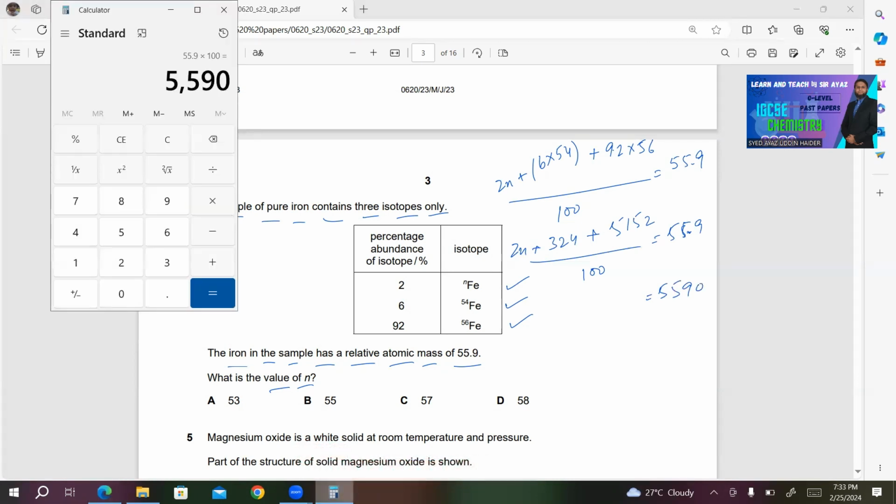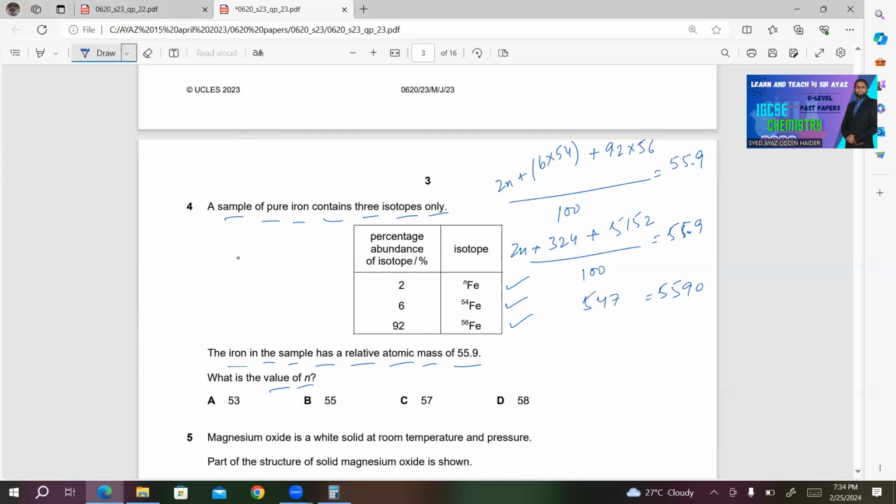Now if you add 324 to 5152, you will get 5476. So 2N plus 5476.